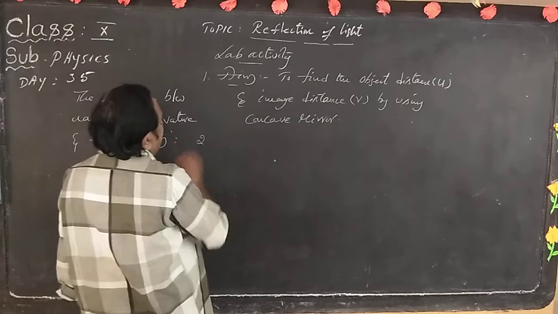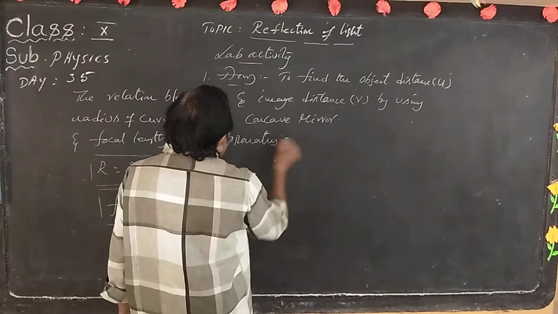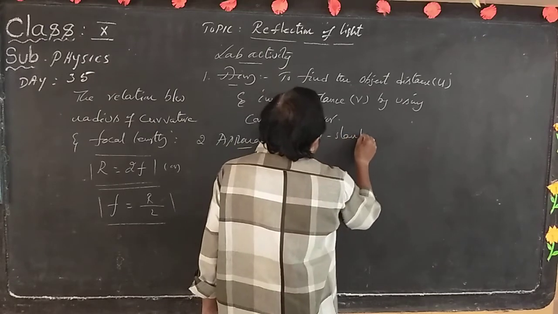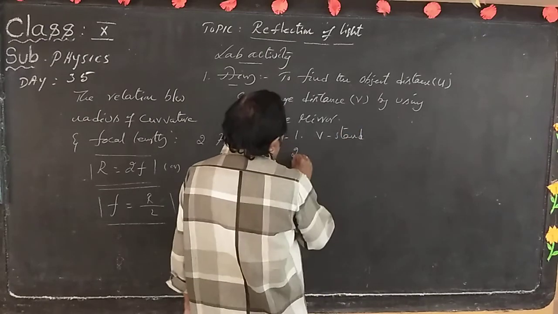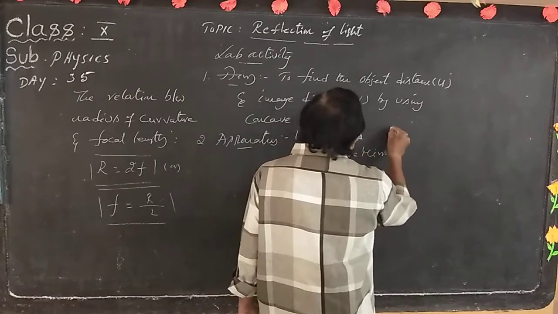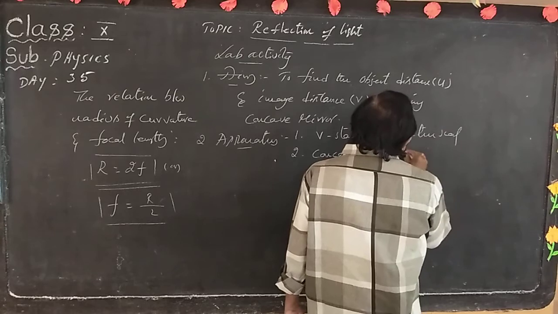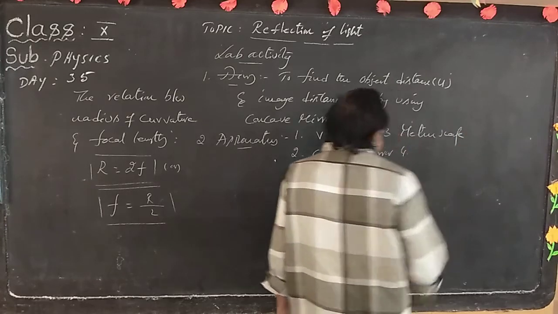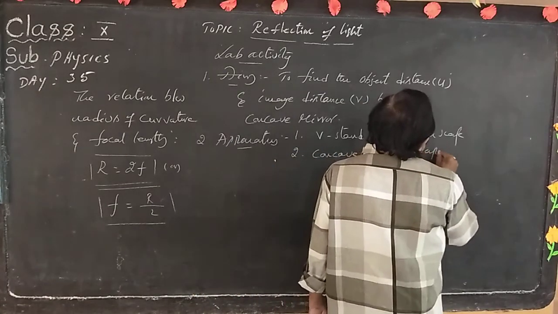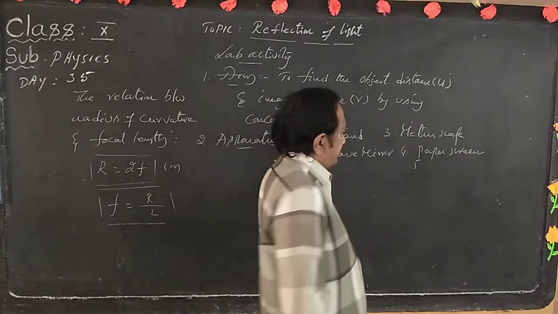Now, what are the apparatus needed for verifying this? Required apparatus: the apparatus needed for this experiment are one V stand, concave mirror, meter scale, one paper screen, and a candle.